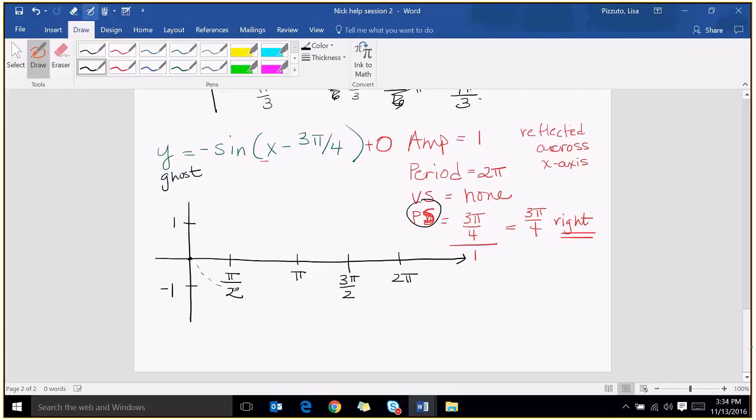And then notice that I'm drawing with a light dotted line. That's because that's not my final graph. That's the ghost graph. Because what I have to do now is take into account this phase shift.